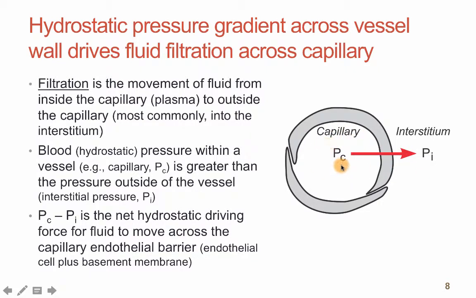And because this pressure is higher, there is a gradient of pressure that drives flow of water and electrolytes across the capillary barrier and into the interstitium. So the difference between the capillary hydrostatic pressure and the interstitial pressure is the driving pressure to move that fluid across the endothelial barrier.